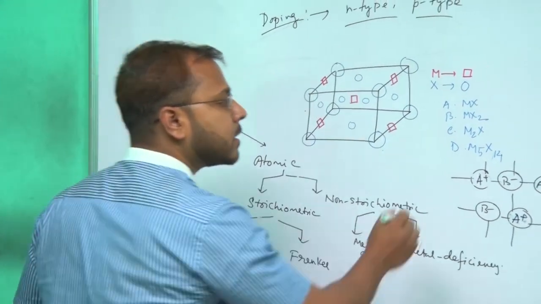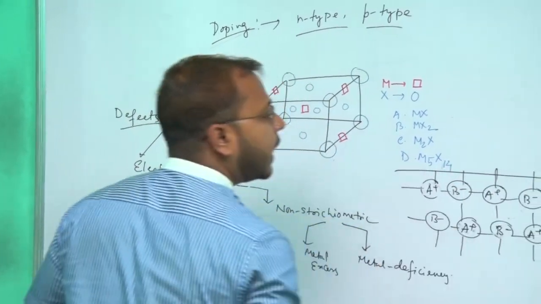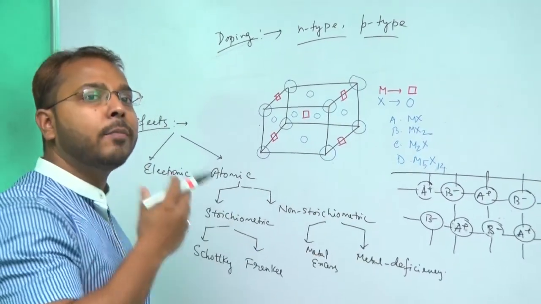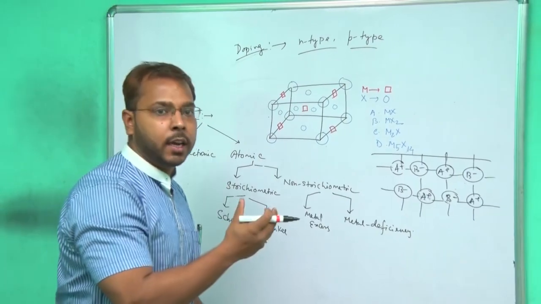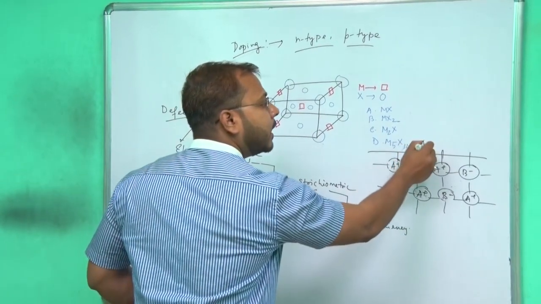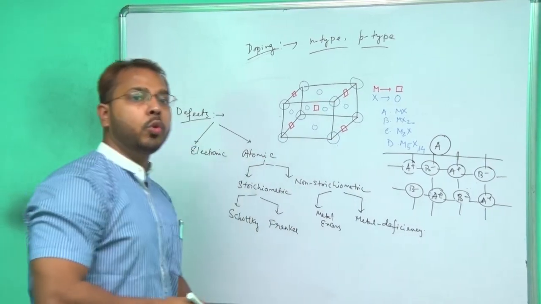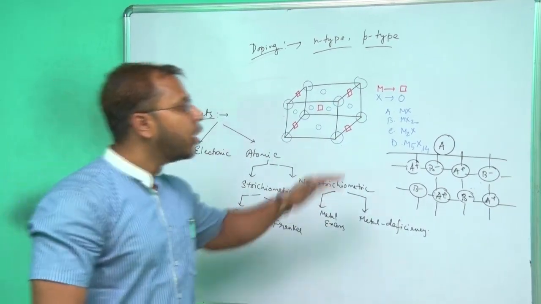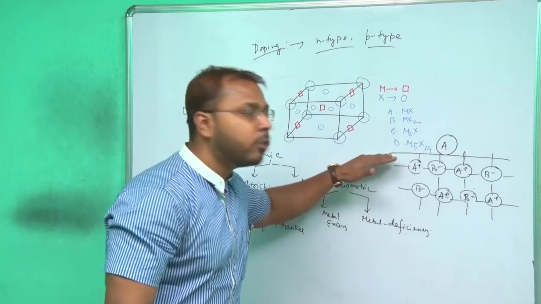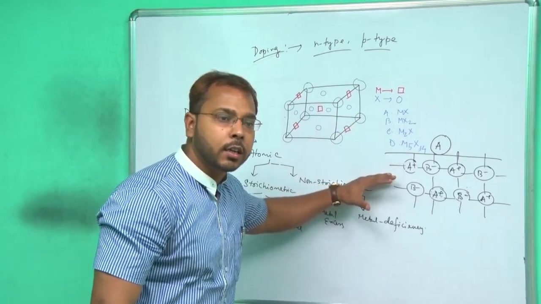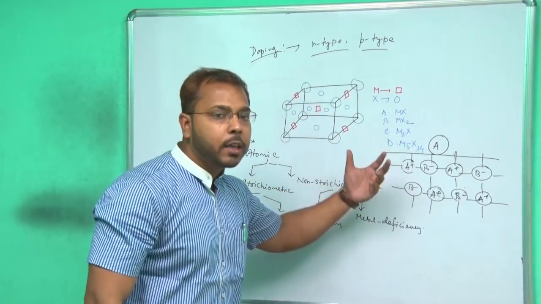In this case, when some extra metal is present in the crystal, there is a possibility of some metal to occupy or get adsorbed on the surface of the crystal. Then what is happening?